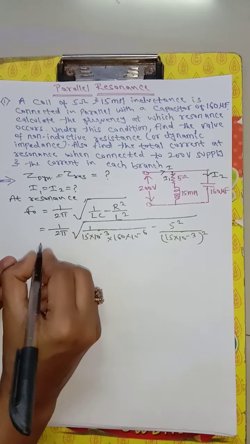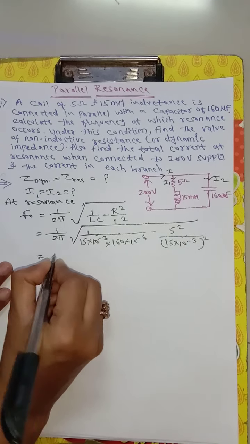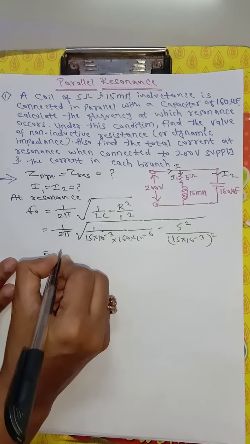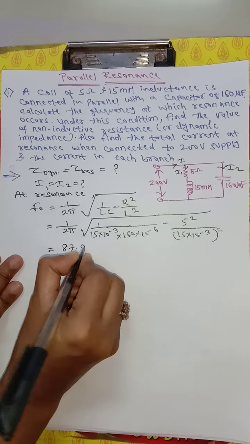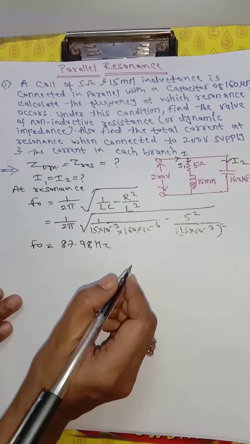If you do it with the calculator, you will find the resonance frequency is 87.98 Hertz. So this is the resonance frequency we calculated first.